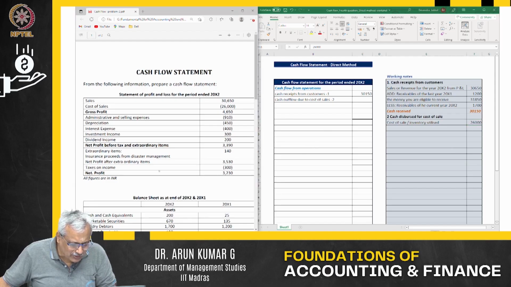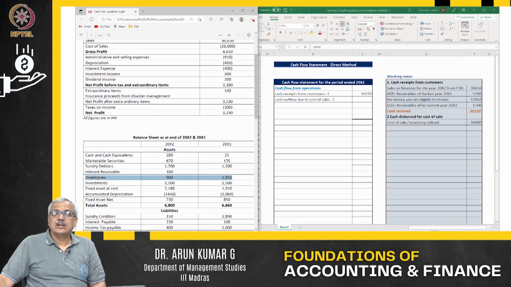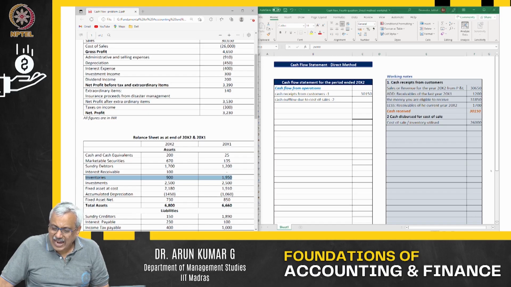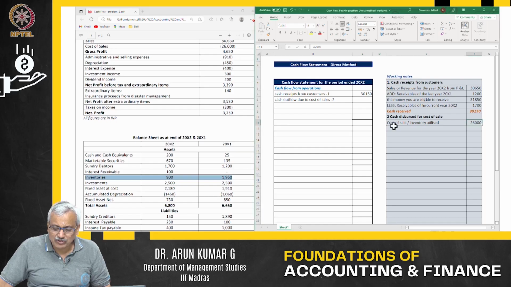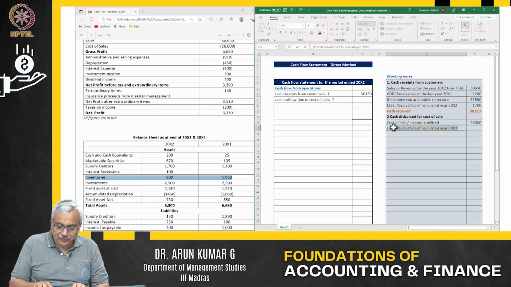Let us go back to the assets in the balance sheet and look at the inventories. I see that my inventory is about 1950 at the end of last year, that is, at the beginning of the current year. So, I would have ideally not bought this entire 26,000 because I might have utilized what is there from the inventory that I have.